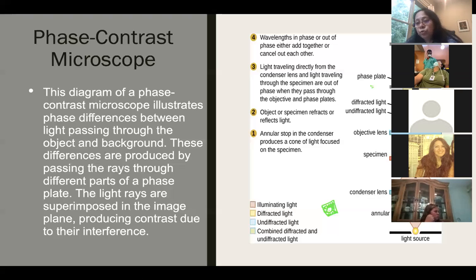They move in a different direction. So basically, we move the light in two different pathways. So we actually change the phase of the light. Either they are in phase or some of the light is out of phase. So basically either they merge or they don't merge, they get separated.